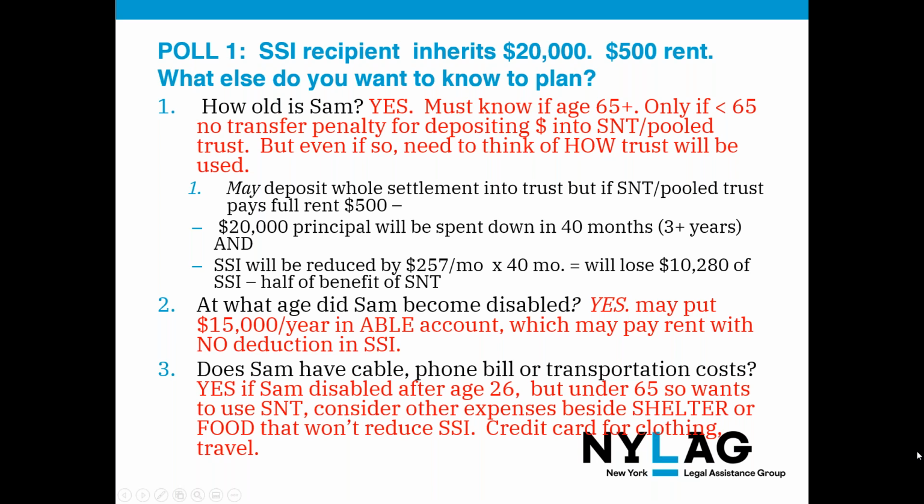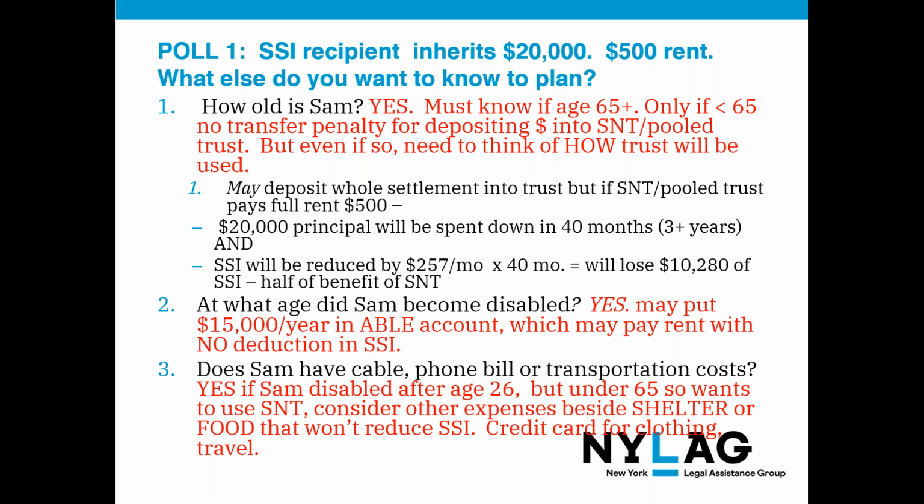Sam may put $15,000 a year in the ABLE account, and the ABLE account may pay rent, and SSI will not be reduced. So that would really stretch out the benefit of the trust. If Sam was not disabled before age 26, then you can't use an ABLE account.